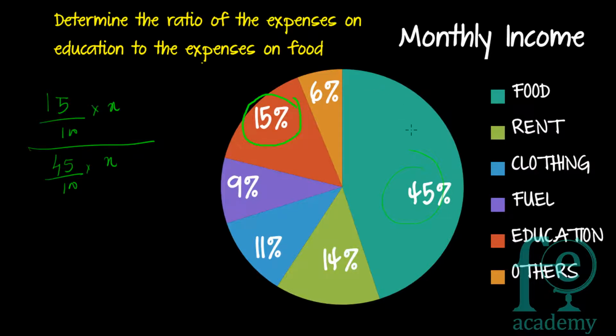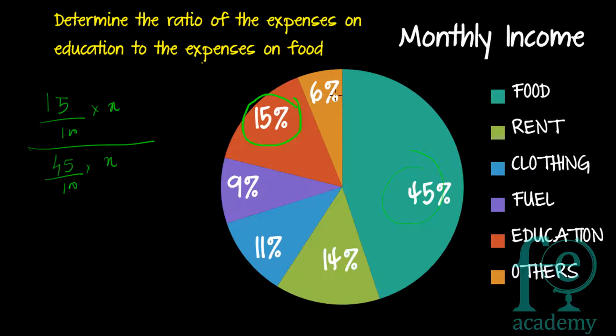This pie chart is showing the split up of monthly income, or how this monthly income is being spent. 45% of the monthly income is spent on food, 14% is spent on rent, 11% on clothing, 9% on fuel, 15% on education and 6% on others. In this particular question, you are asked to find out the ratio of the expenses of education to the expenses on food.